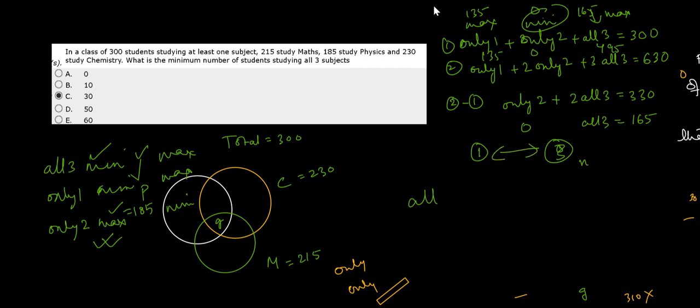When three is maximum, one is maximum. When three is minimum, one is minimum. And two will behave the other way around: two would be minimum when this is maximum and maximum when this is minimum. Clear?